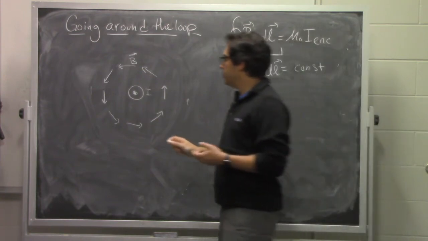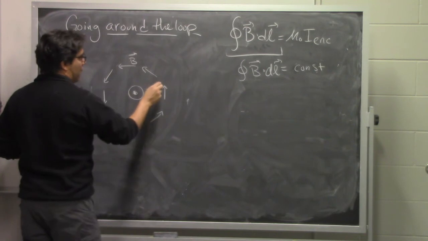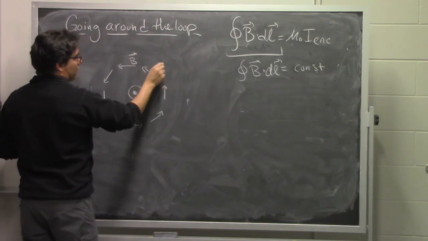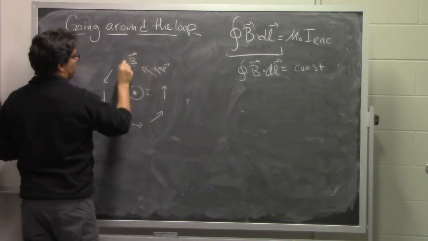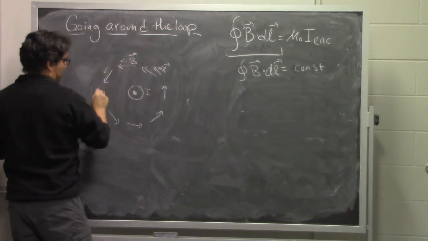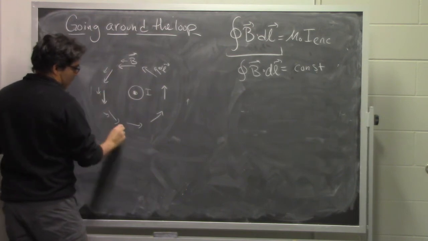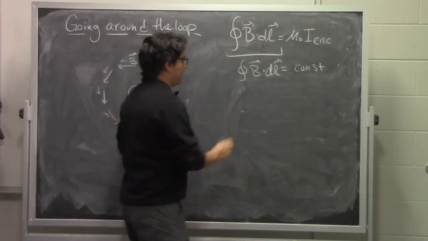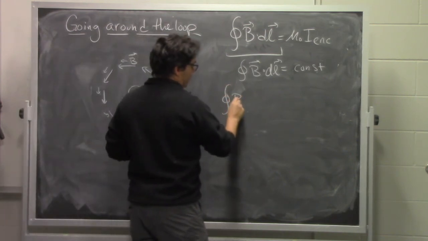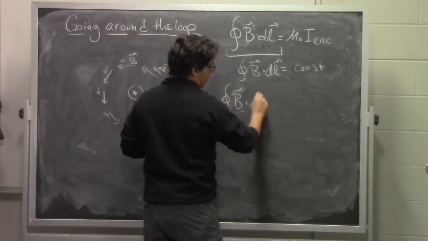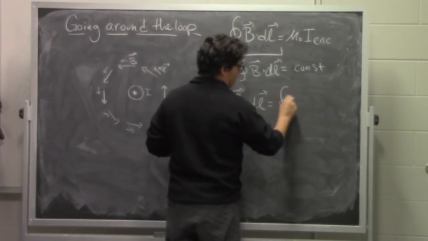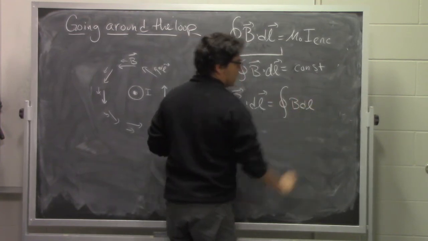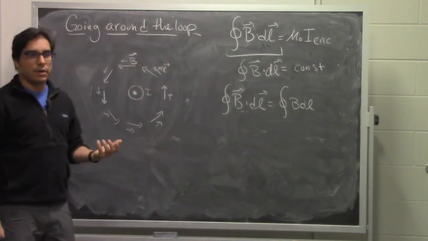If I choose a path that follows the magnetic field, with my dl vector all the way around exactly following the magnetic field, then my calculation of B dot dl simplifies to B dl, because they both point in the exact same direction.